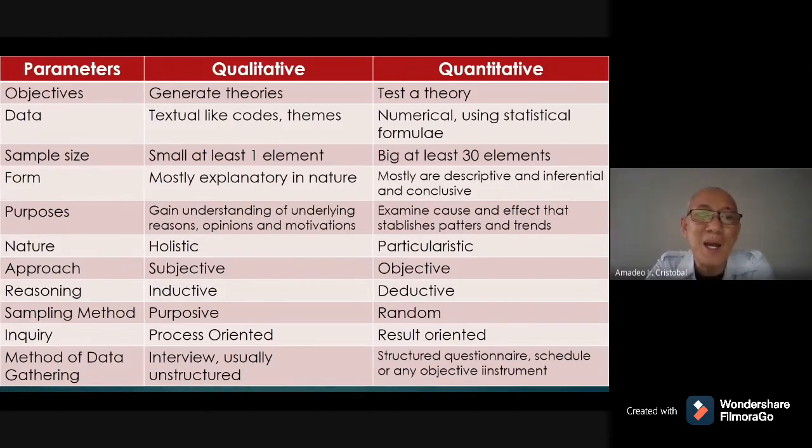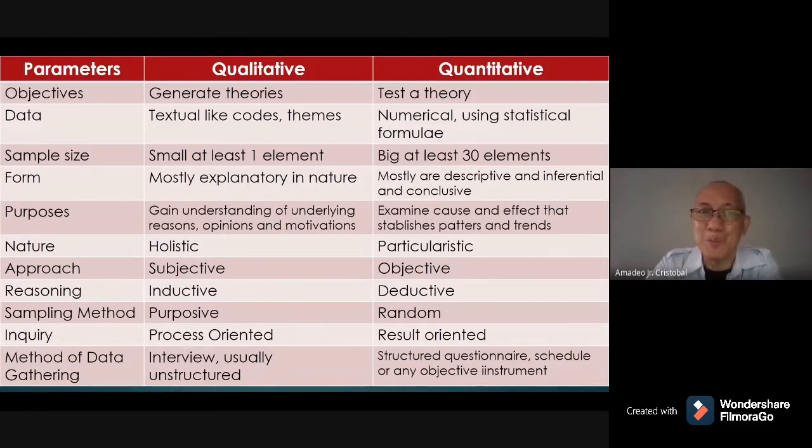Sampling method for qualitative is purposive. Meaning, you don't have to use any scientific sampling because it is purposive. It's up to you whom you will choose to be your participants. Say, for example, you want those people who really wanted to participate in your research.